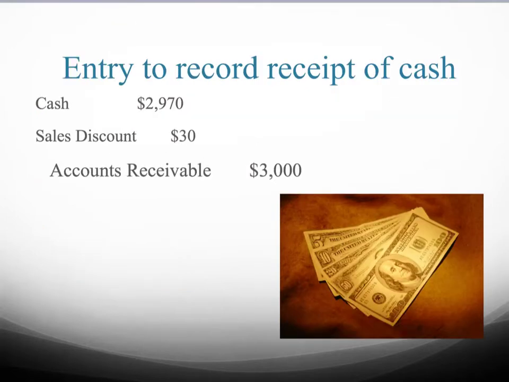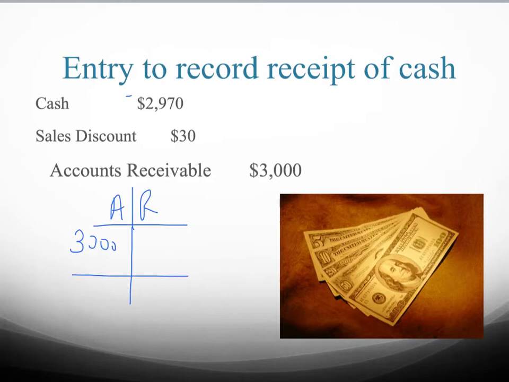How do we make a journal entry to record the receipt of cash? Well, how much cash did we receive? We received the $3,000 minus the sales discount of $30. So the cash the customer sent us was $2,970. Their accounts receivable account had a debit balance of $3,000.